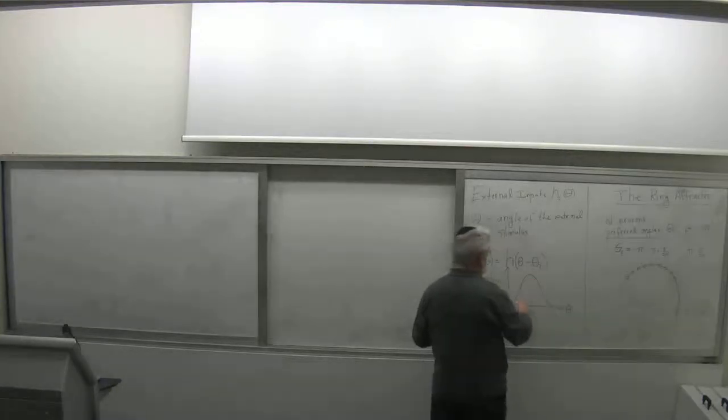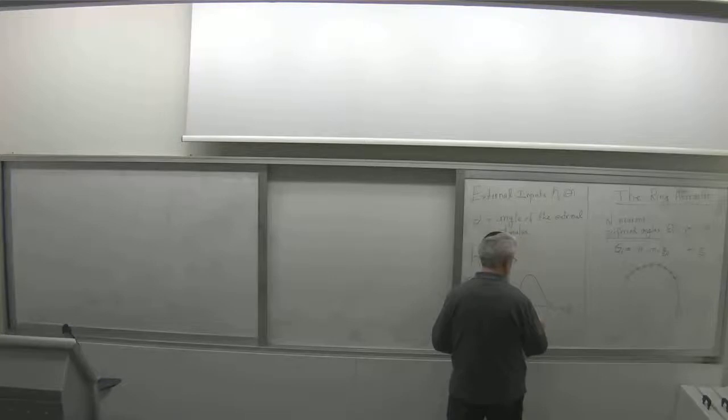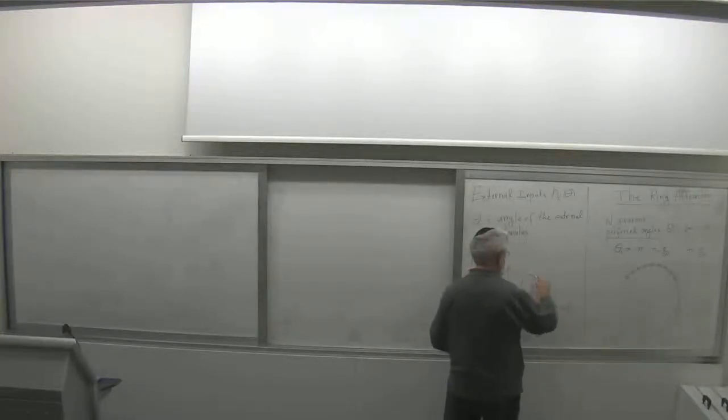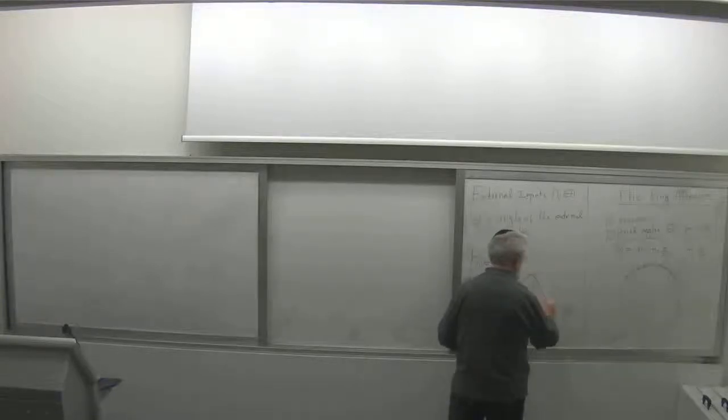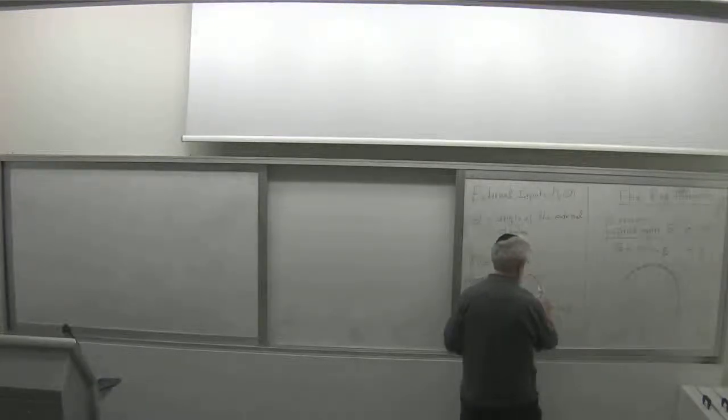So if this is HI of theta, then different neurons will have, let's say, this for neuron number 1, H1, and the other neuron will have this, roughly. This will be for neuron number 2, the input, etc.